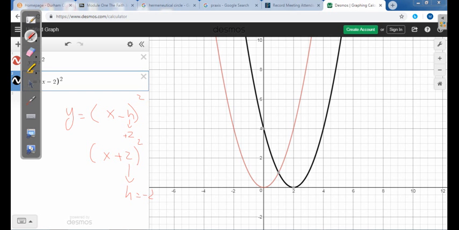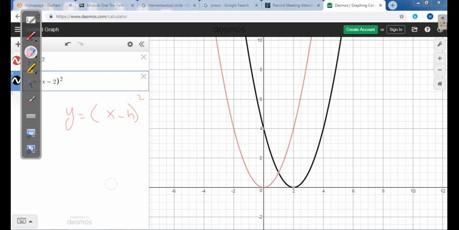Okay, I'm going to go back and explain. Eyes on the board. I'll give you time to explain it after. My formula is (x minus h) squared.